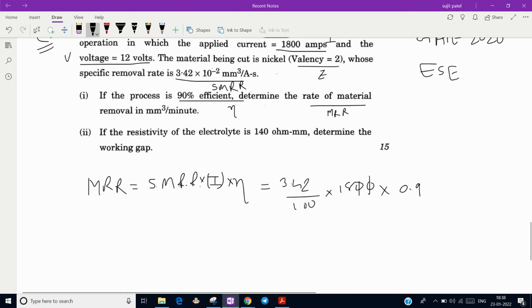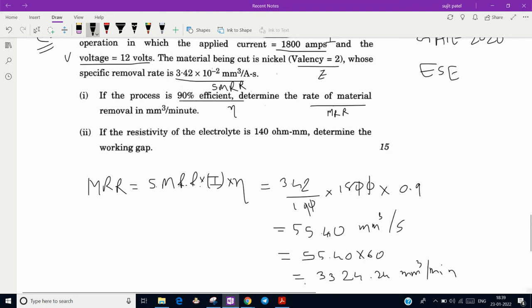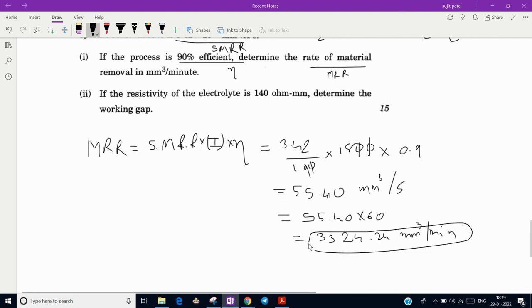So when you solve this, you will get the material removal rate, that is 55.40 mm cube per second, but answer is in meter cube per minute. So 55.60 multiplied by 60. So you will get the answer as 3324.24 mm cube per minute. So this is the answer, material removal rate.